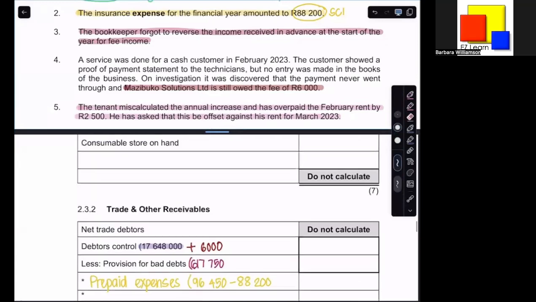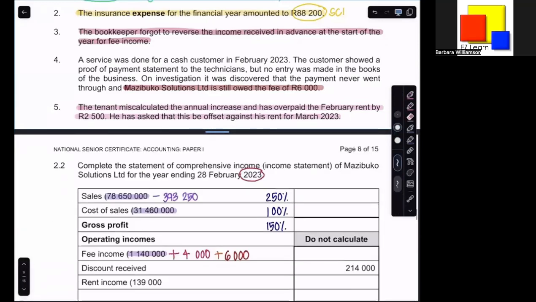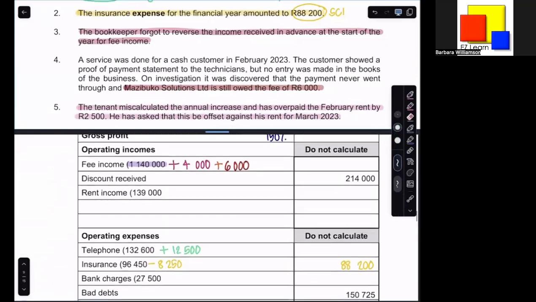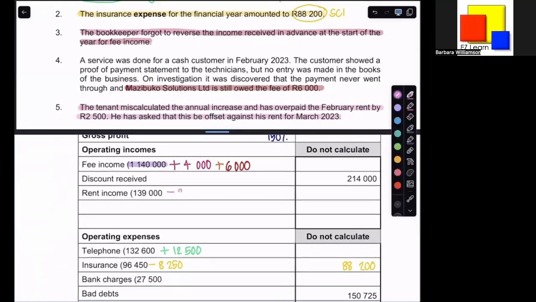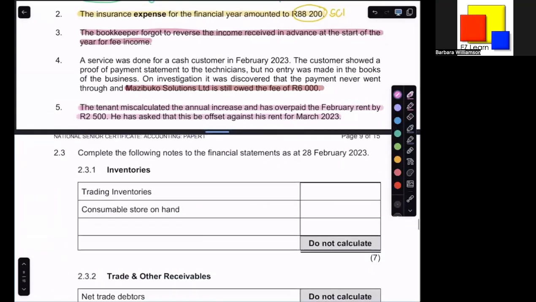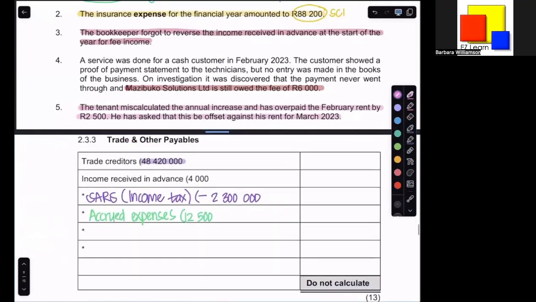So we need to go to the rent and say subtract 2,500. And at the same time, we'll need to go to our payables to show that we actually still owe that money. So that would be an income received in advance.